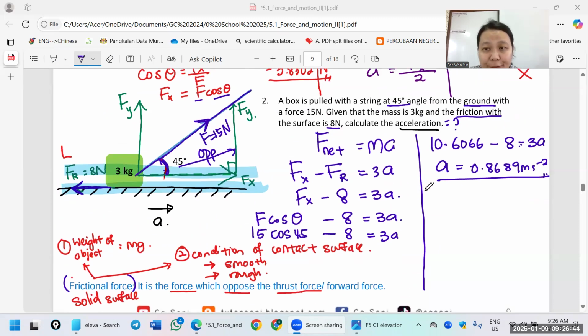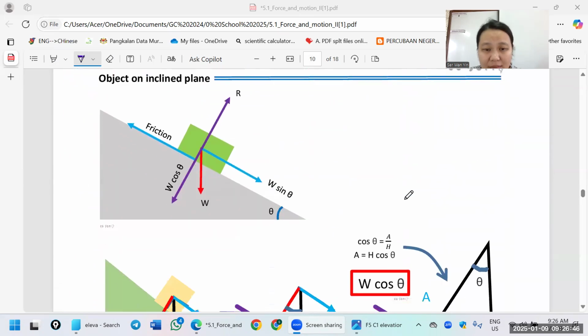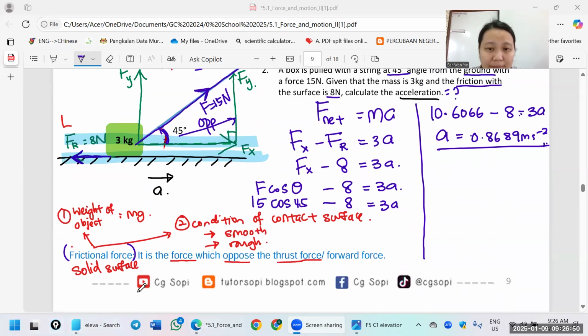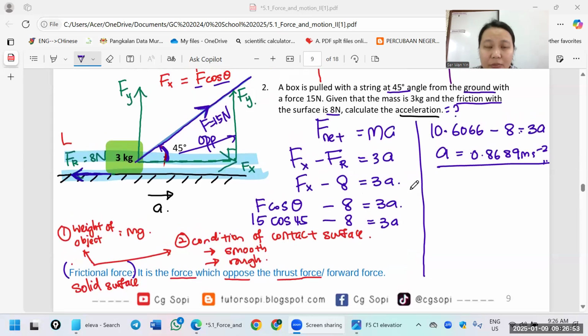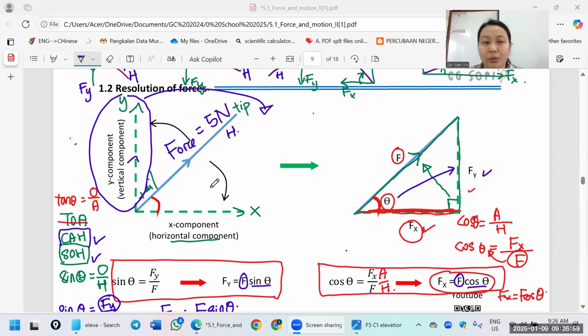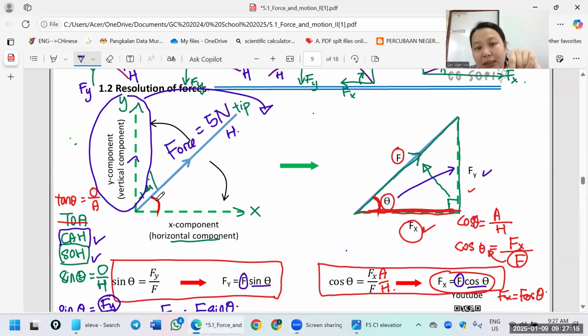Seems like you understand. Let's try one more question. So you get the idea now. When you resolve it, you need to move y to here, or if you don't move it also doesn't matter, you look at this angle.